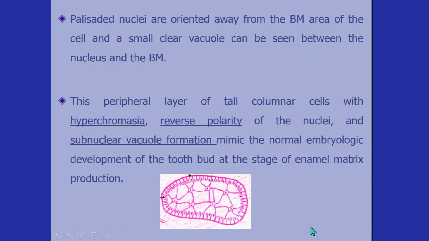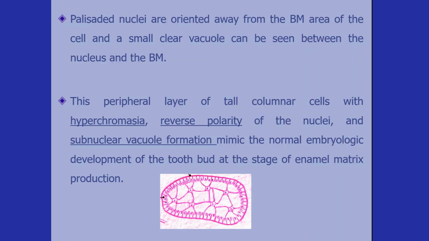So, what are the things that we've read about these peripheral cells? The peripheral layer of tall columnar cells with hyperchromasia, which is a hyperchromatic nucleus, reversal of polarity of the nuclei away from the basement membrane, and subnuclear vacuole formation. All of these mimic the normal embryologic development of the tooth bud at the stage of enamel matrix production.